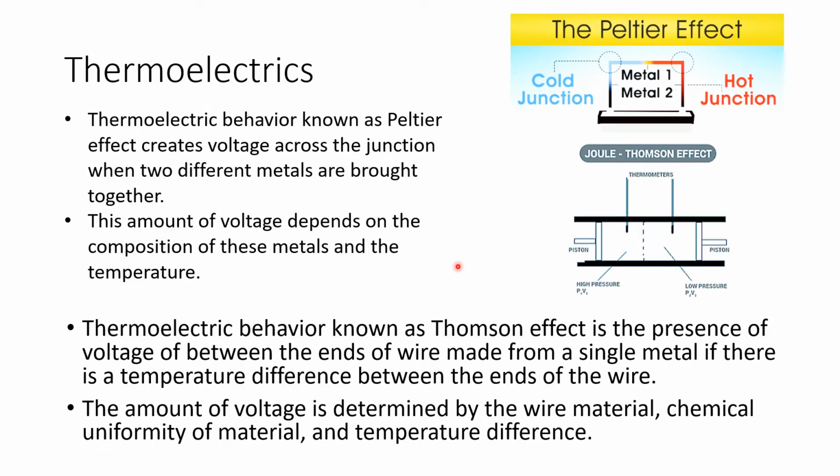The next one is thermoelectric. And we're going to study two effects. One is your Peltier and the other one is your Thomson. But it's the same thing anyway, the design is a little bit different. So the first one, the Peltier effect, is just a behavior again when we deal with the thermoelectric stuff. What it does is create something called voltage.